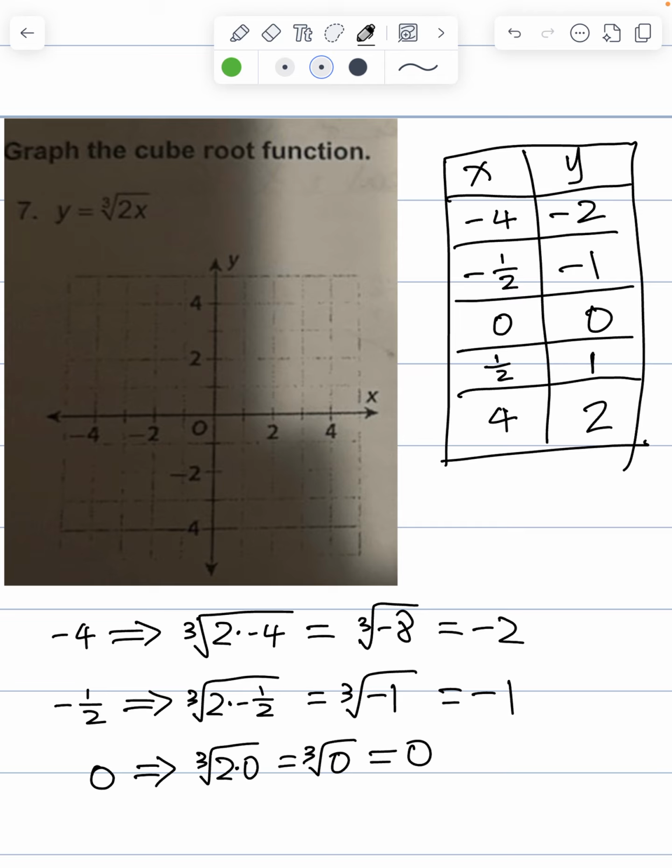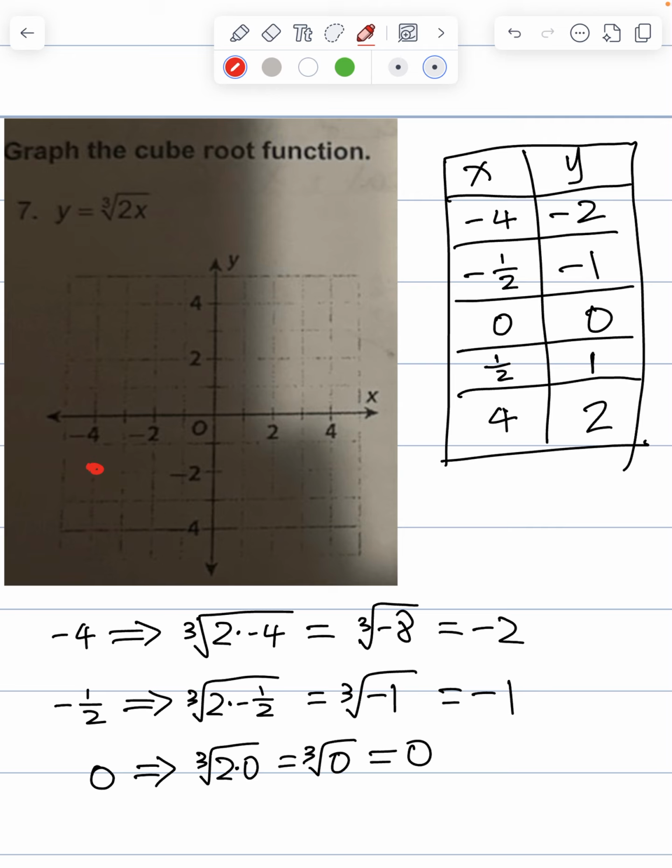So now we have all these points. Now I can plot all of them on the graph. So x equals -4, y equals -2. Let me do the first point: -4, -2. It should be right here.